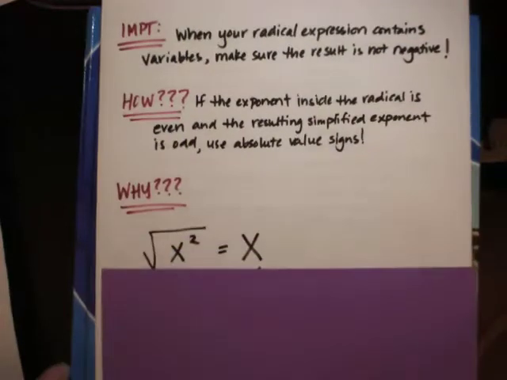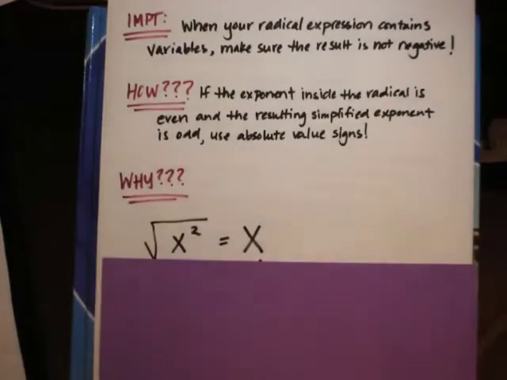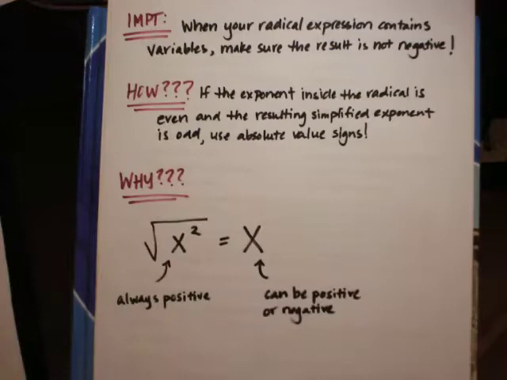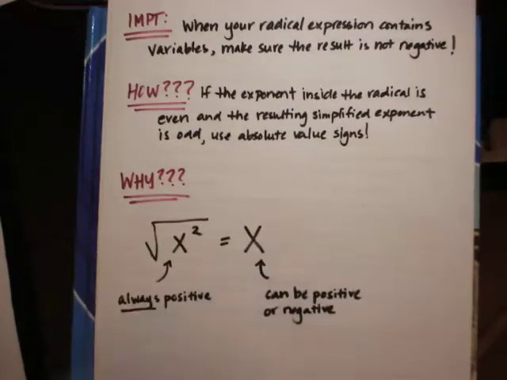I'm going to use this example of the square root of x squared. Well, we all know that the value of that would be x. But we're going to go back to some definitions. We said in the beginning that the value inside the radical is always positive, but at the same time, the value of x can be positive or negative.